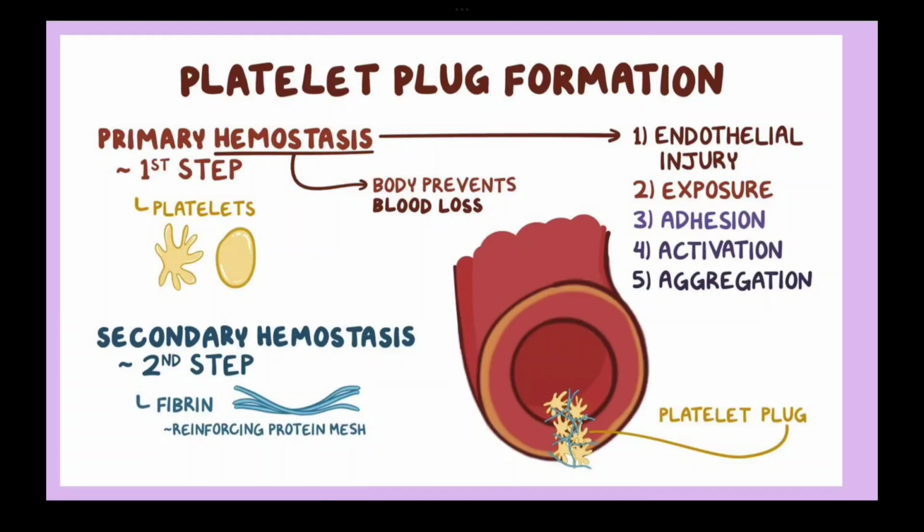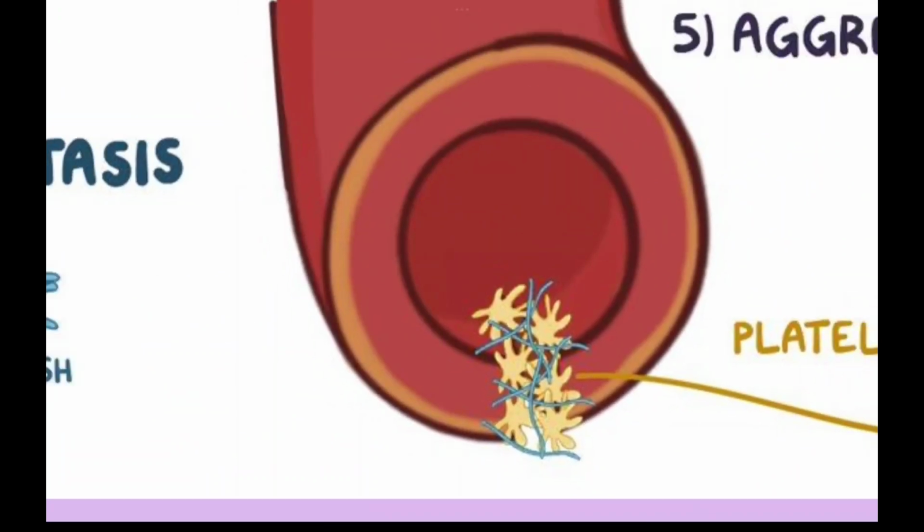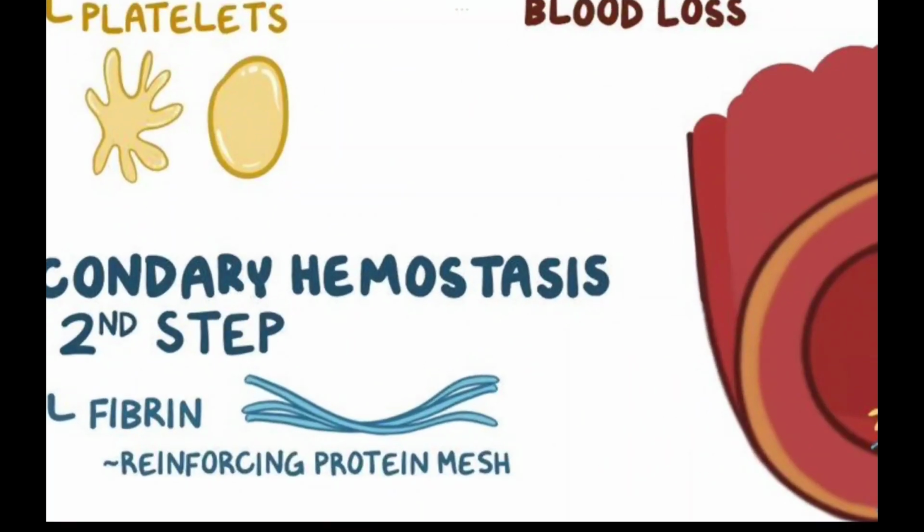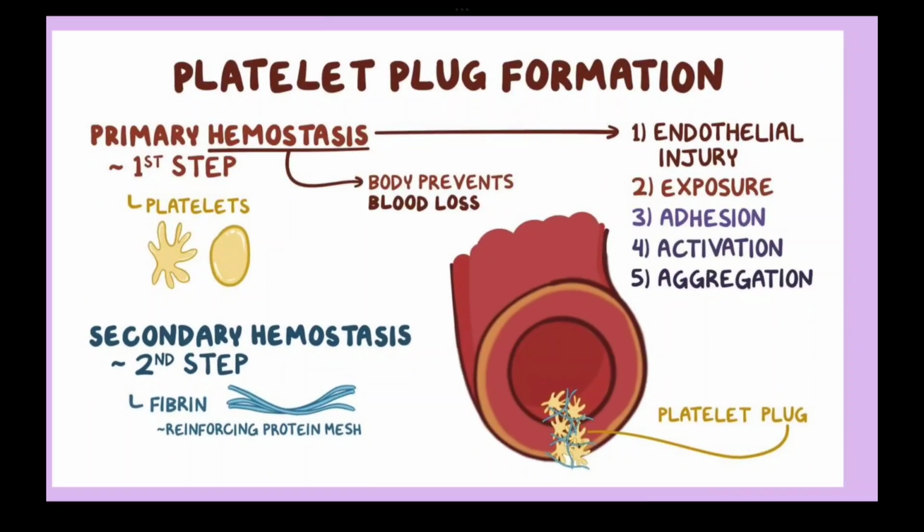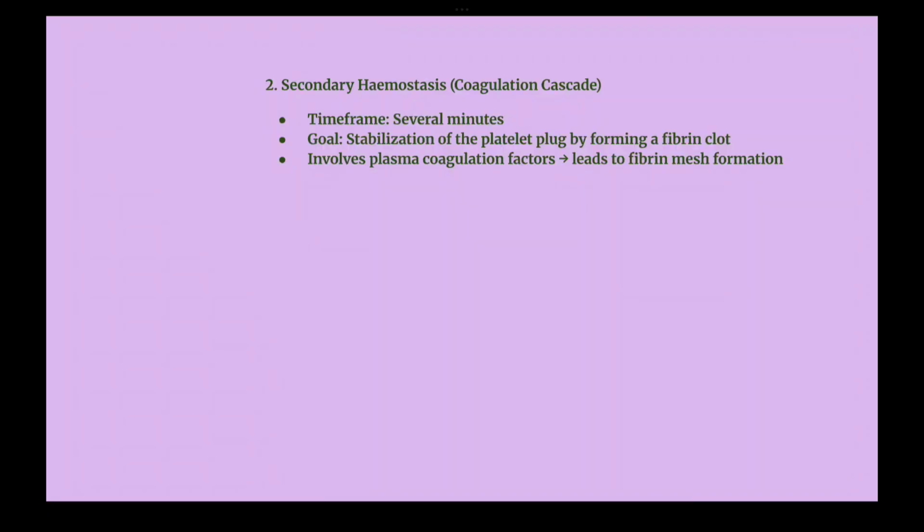Now secondary hemostasis is the second step, wherein fibrin is produced from fibrinogen and reinforces the temporary plug with a protein mesh. Here the protein mesh is formed and a hard clot is formed, thereby leading to full healing of the injury.